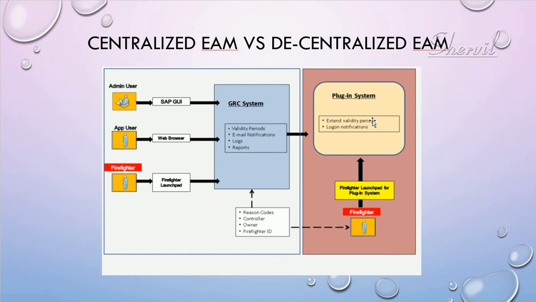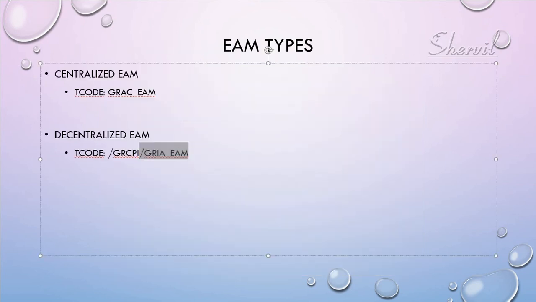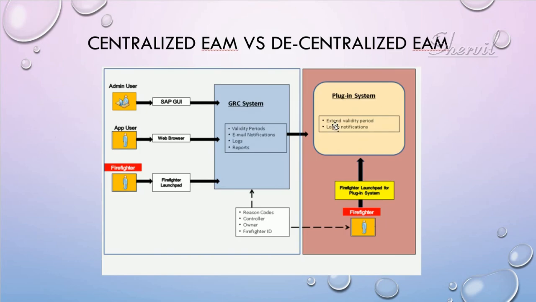What are the different functions that you can do between the centralized EAM and the decentralized EAM? In the decentralized EAM, for example, you have the EAM launchpad, which is this transaction code for the plugin systems.